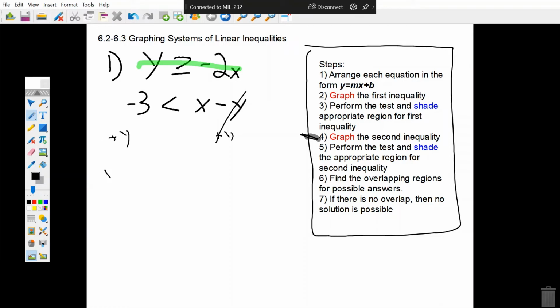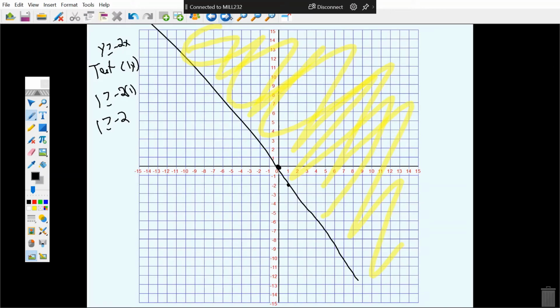You get y minus 3 is less than x. Then I'll add 3 to both sides. Y is less than x plus 3. Okay, now this we can graph. Y is less than x plus 3. Okay?